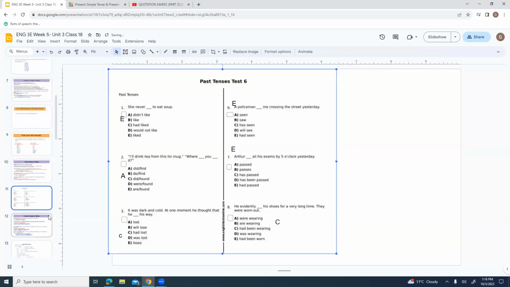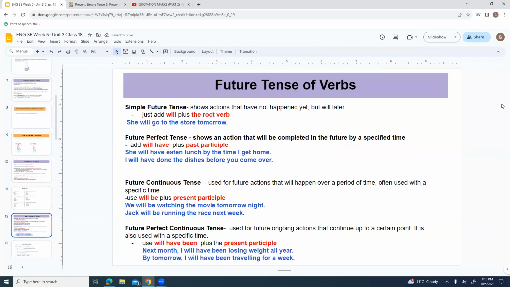All right. Going on to future tense. Again, four tenses. There's simple future, future perfect, future continuous, future perfect continuous. Okay. And don't worry, most people don't know the names of these, especially since we kind of got away from teaching grammar in school, but it's one of those funny things that you get used to how it sounds.